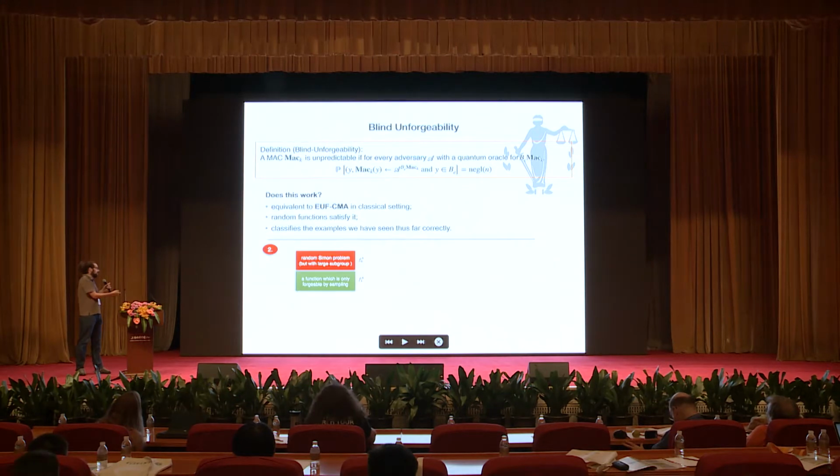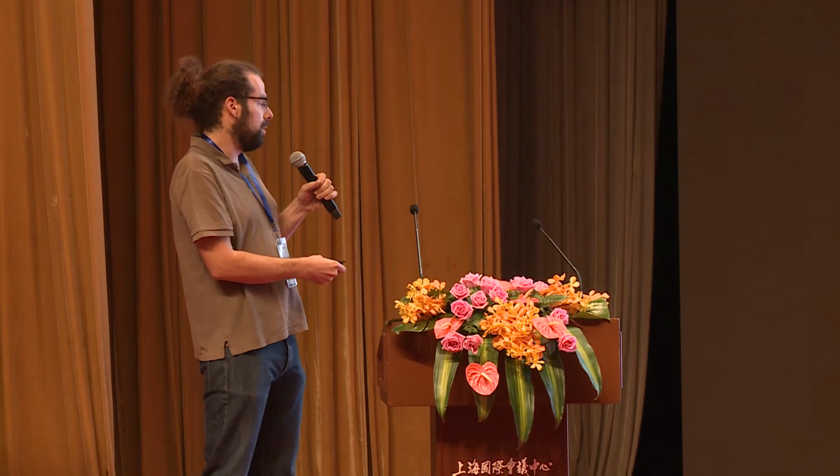On the other hand, in our counterexample, the adversary does Fourier sampling on the red part and then outputs a forgery on this olive part here. And here we can easily see that this is actually broken as well.